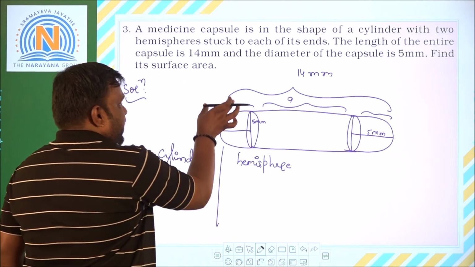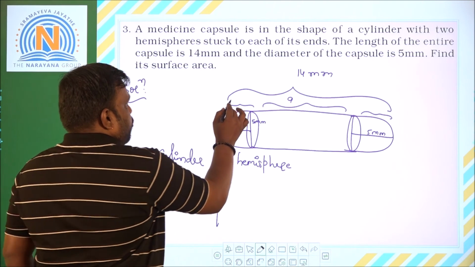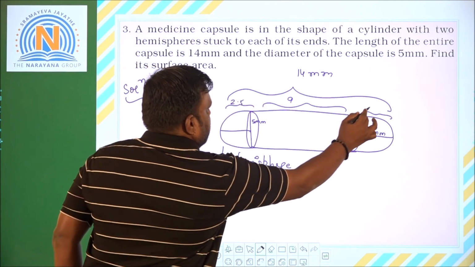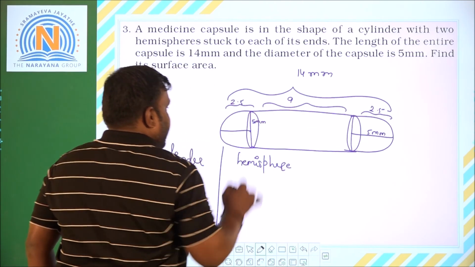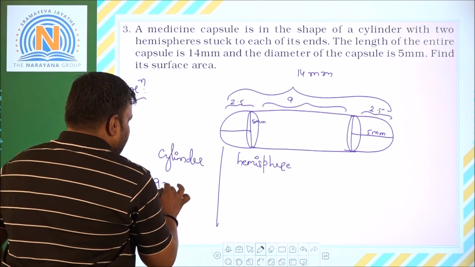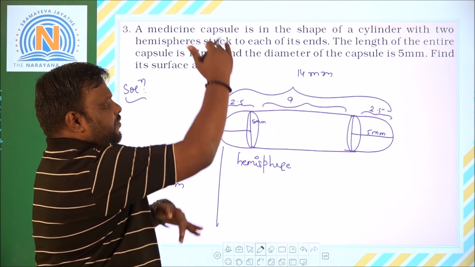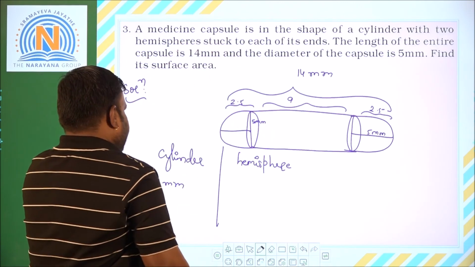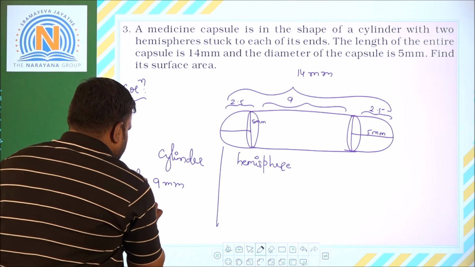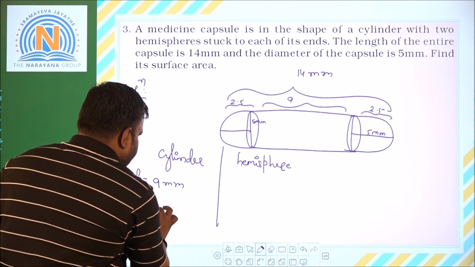Since the diameter is 5, radius will be half of that. That is 5, so 14 minus 5 will give you 9. So 9 mm is the height of the cylinder. If you take it horizontally, it is the length, and if you take it vertically, it is the height. So h is equal to 9 and r is equal to 5 by 2 mm.